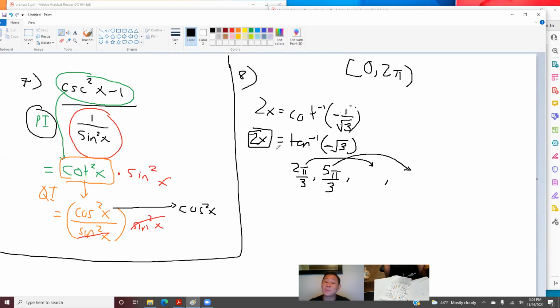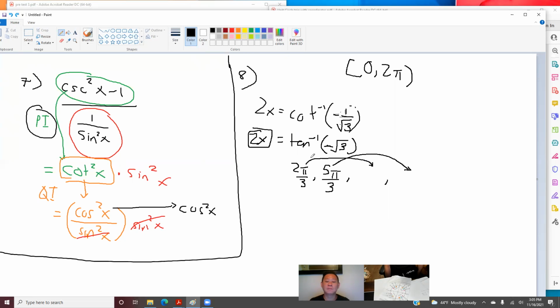The reason is because you have 2x, you have to do it twice. If this is 3x, you're going to do another, so you get 6. So what is a positive coterminal for 2 pi over 3?